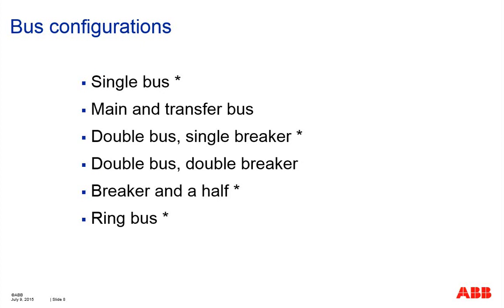Here I summarized the most commonly seen ones, and the asterisk or star sign indicates the busbar configurations you would probably see most commonly in North America, in Canada or the US: single bus, double bus single breaker, which we see more and more in the GIS switchgear right now, and breaker and a half, and ring bus. Breaker and a half and ring bus are typically designed for high voltage and extra high voltage substations.